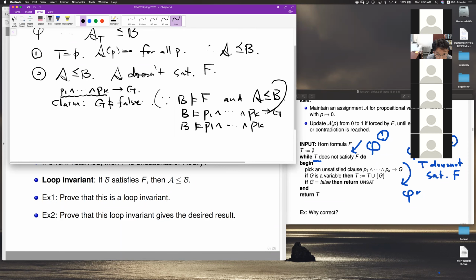If you combine the second and third lines, B had to satisfy G. So that means G cannot be false.